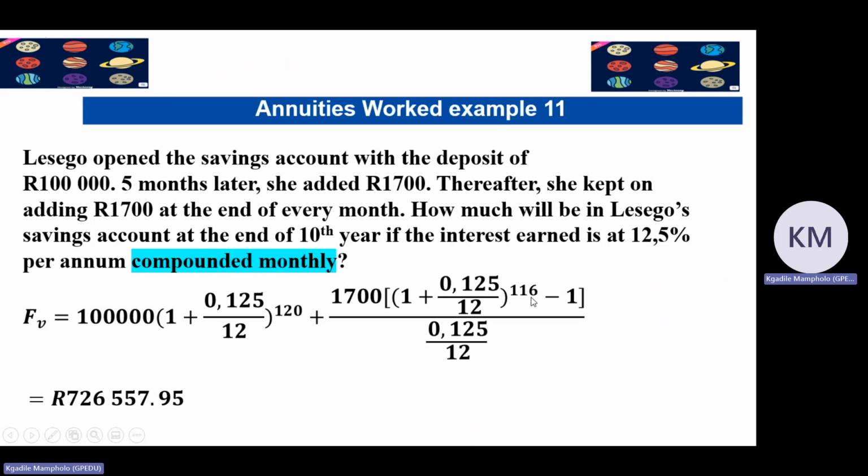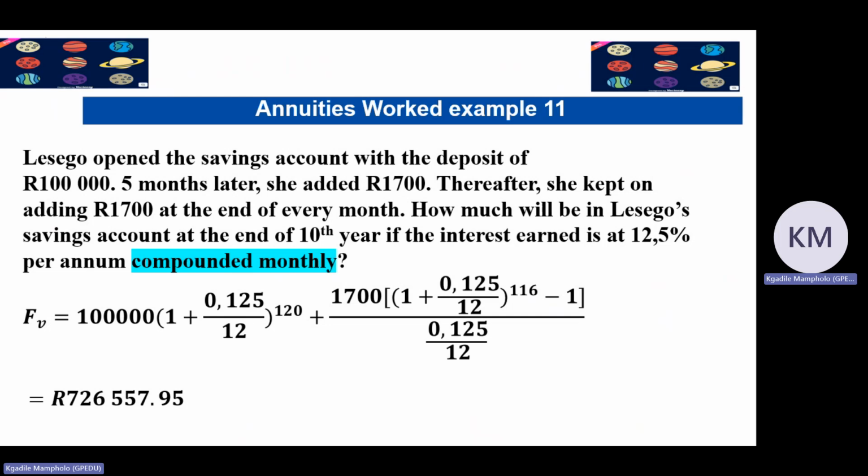Then N will be 116, because the monthly deposit of 1,700 was done 5 months later, so 4 months were missed in between. That is why N here will be 120 minus 4, which is 116, because it was done 5 months later.